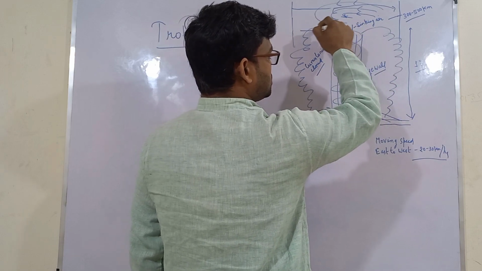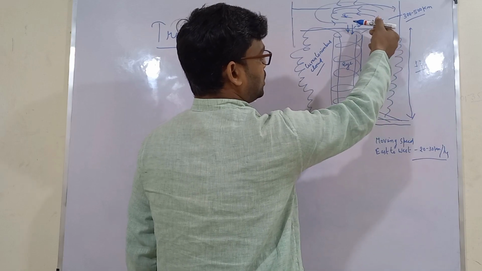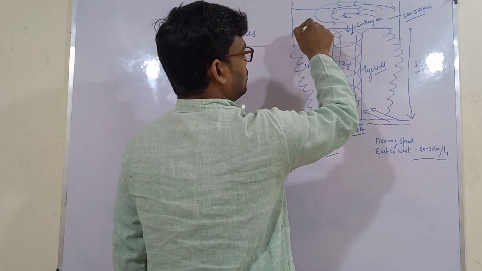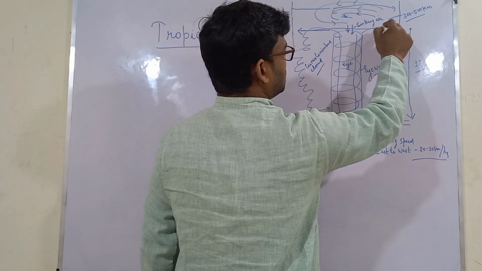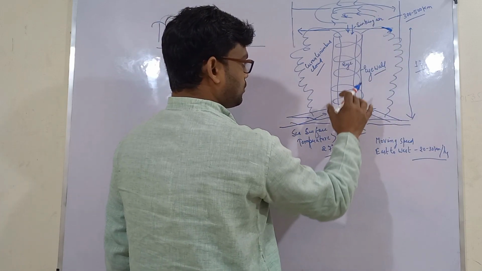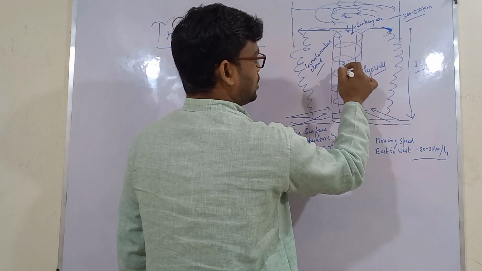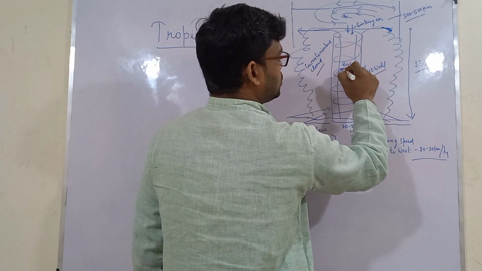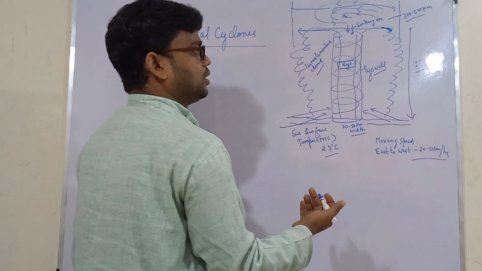When it reaches the tropopause, a certain height level, the air moves outward from here. So the center region, this low pressure region from where the air moves upward, is known as the eye of the tropical cyclone.